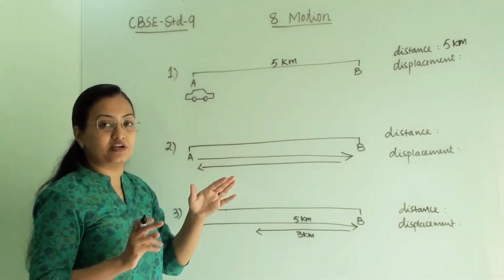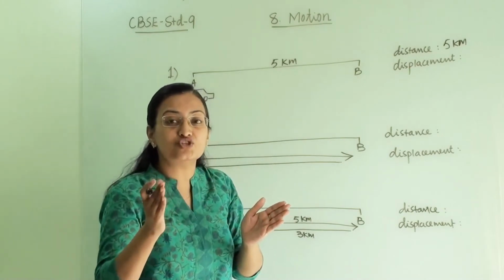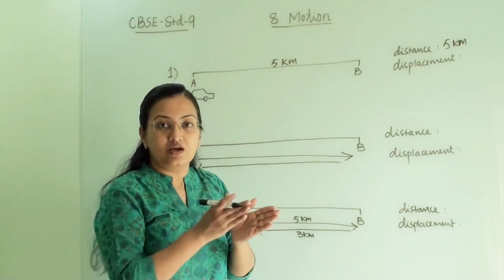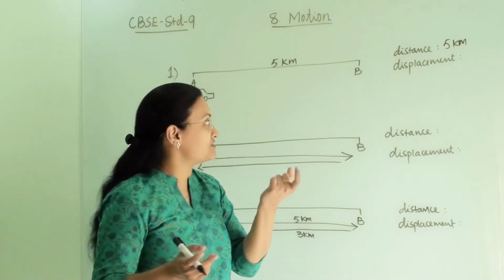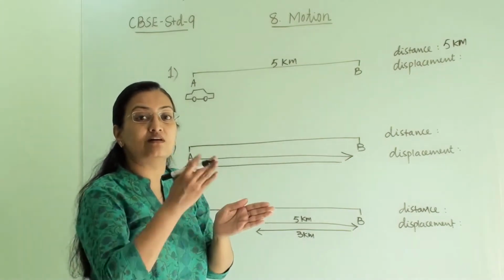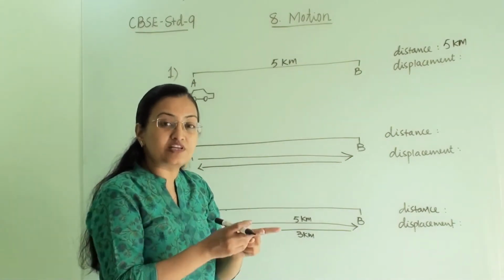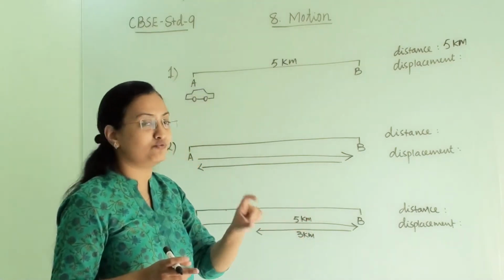Now displacement. What is the displacement? Displacement means, for anything which is moving from its place, how much it has moved. The name itself suggests that: how much it has moved from its earlier position. So displacement is the distance from the initial point to the final point.